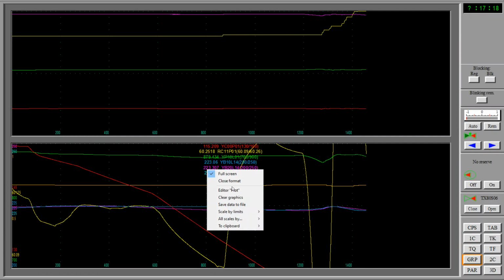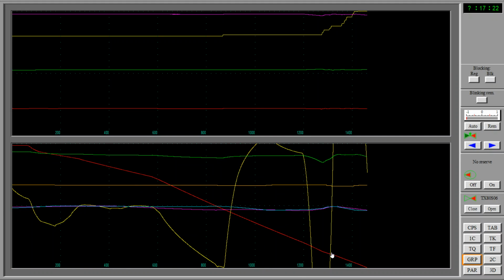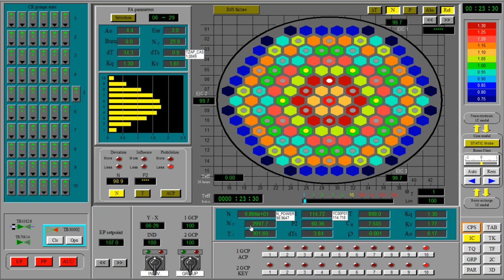I will just put into scale this, scale by limits, I see. We see the secondary circuit a bit like crazy now, but this is a very unmeaningful scale, so it doesn't matter. We see the power slightly going down. I will just use boron decrease.